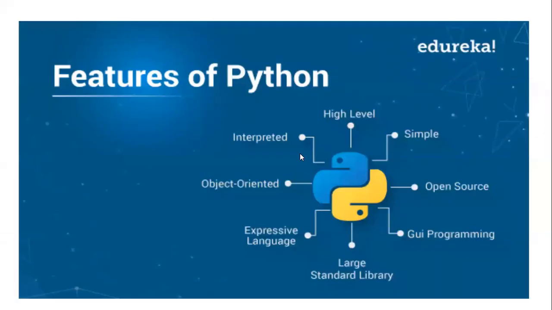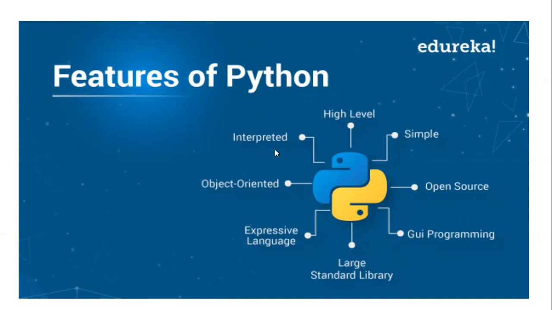Features of the Python programming language. Python is a high-level language, simple, open source, with GUI (graphical user interface) support, a large standard library, an expressive language, object-oriented, and interpreted. These are the eight features of Python.